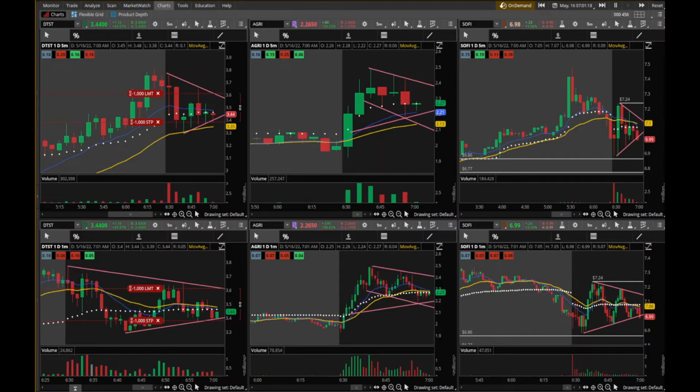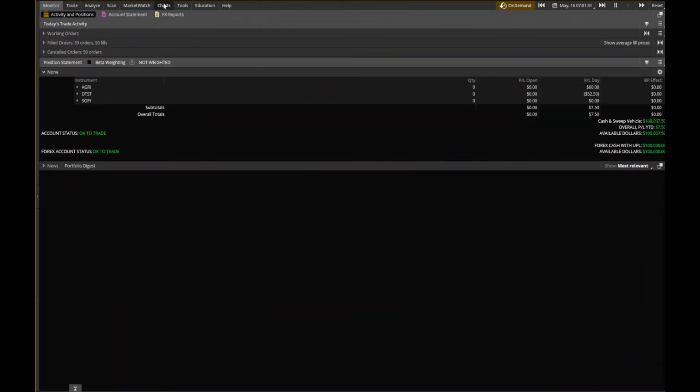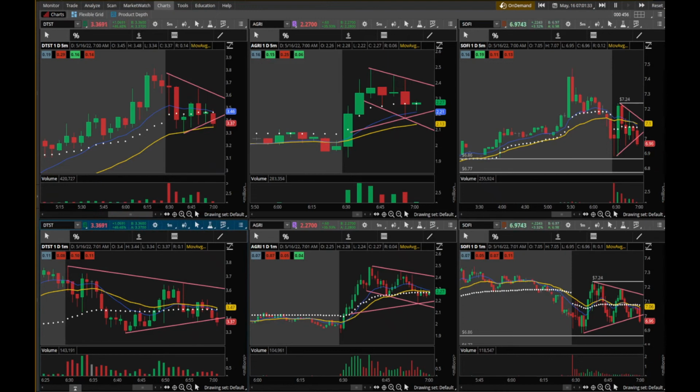Moving my stop loss right up against it. That would be a $30 loss, and that got hit. Now let's take a look. $7.50. Oh boy.